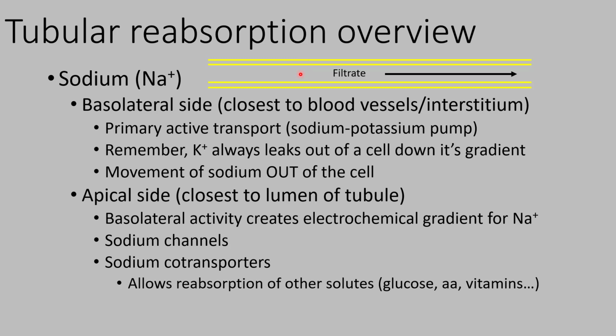So it creates an electrochemical gradient for sodium. If we're pushing sodium out on this side, it's going to draw sodium in on this side. Now we'll see a bigger picture in just a moment, so don't worry that this is a really small picture here. So how does sodium get in on this side?